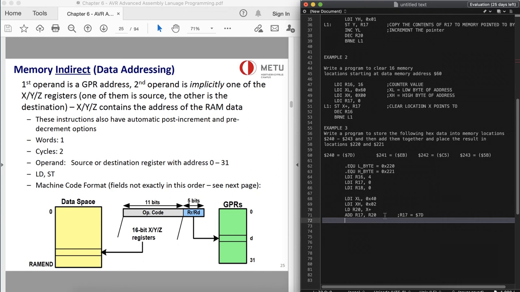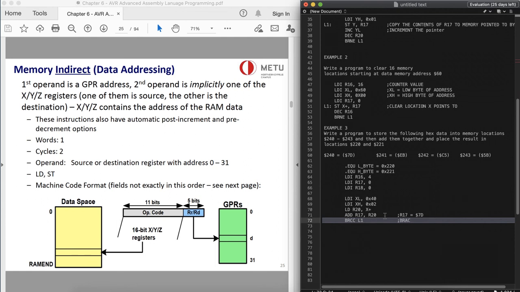Then we check branch, carry, clear. So when we add them together, if the carry is 0, we have to jump. So we have to jump to decrement the counter.